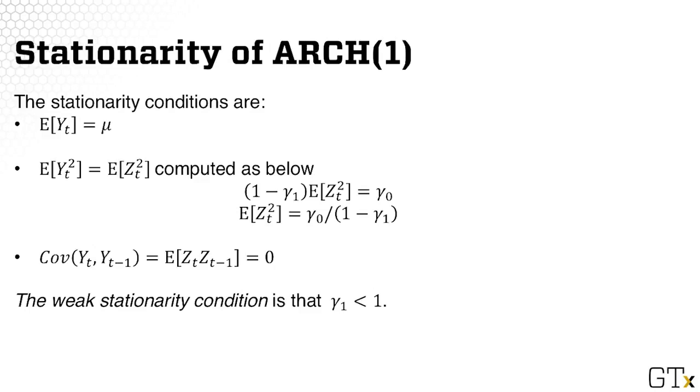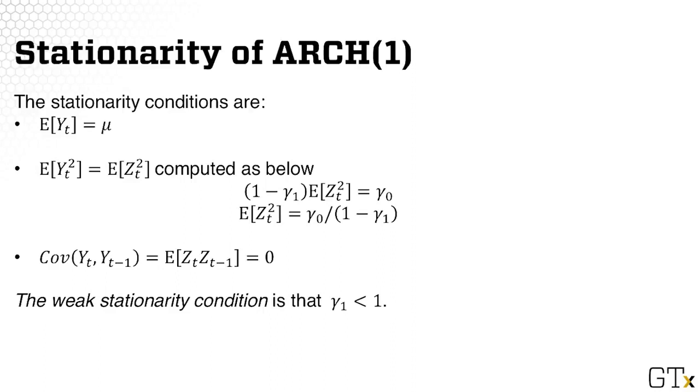Because of the characterization of Z_t squared as an AR process, we can further obtain the conditions of stationarity of the ARCH model for a time series Y_t. The conditions are as follows. The unconditional expectation of the time series is mu.